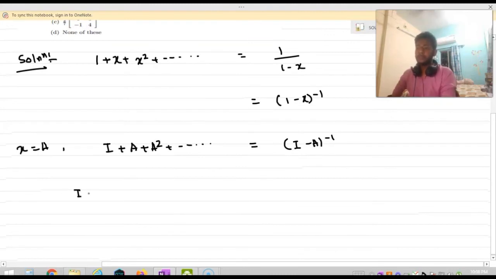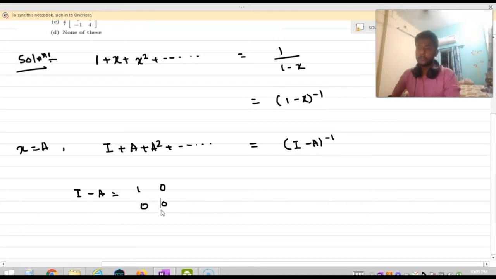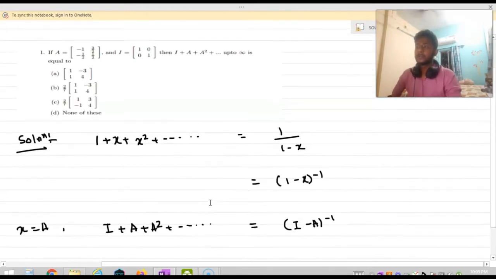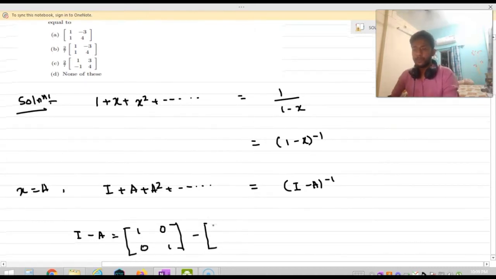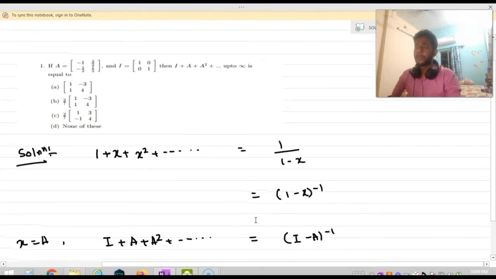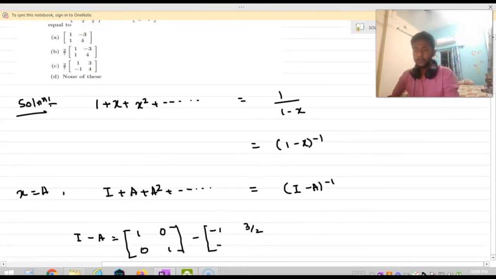So I minus A, the value of I is 1 0 0 1, minus the matrix A. The value of A is -1 3 by 2, -1 by 2 and 1 by 2.